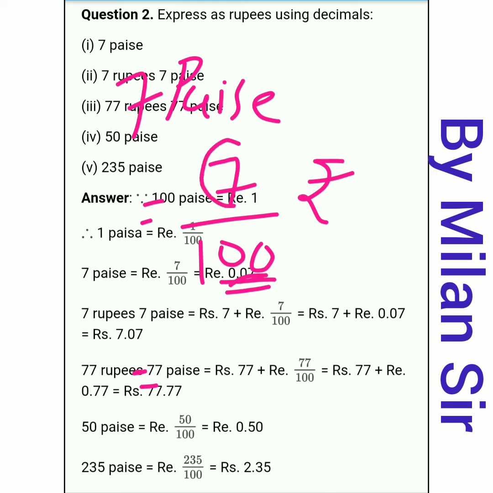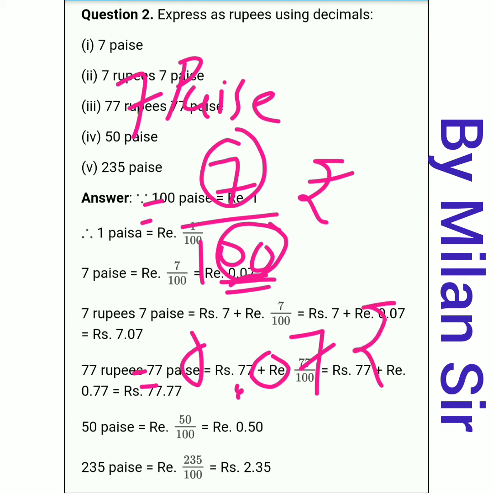But in the numerator we have only 1 digit, so before 7 we need to put 0, and before that we need to put the decimal point, and before that again 0. So this is our answer, 0.07 rupees.